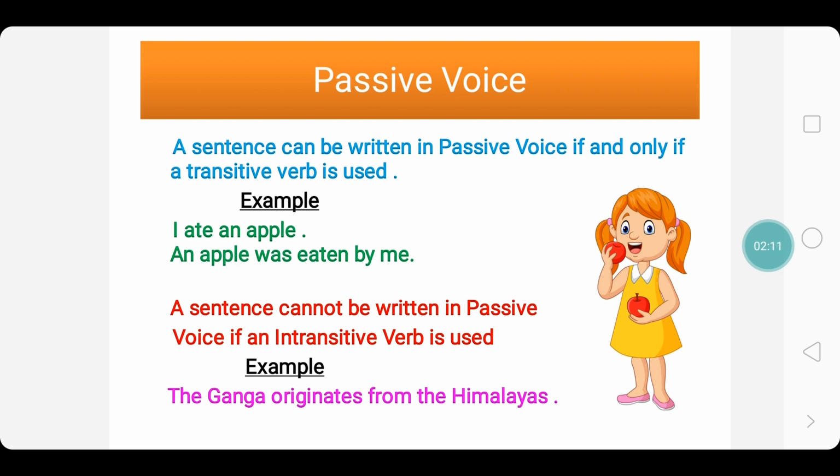Hence, it can be written in passive voice. That is, an apple was eaten by me. And remember children, a sentence cannot be written in passive voice if an intransitive verb is used. For example, the Ganga originates from the Himalayas. This sentence cannot be written in passive voice because the verb used here is intransitive.